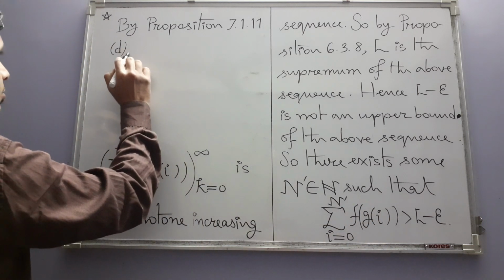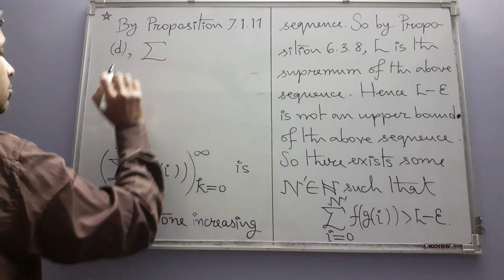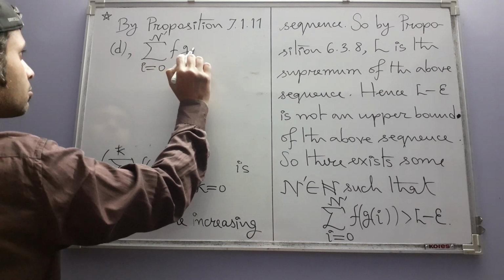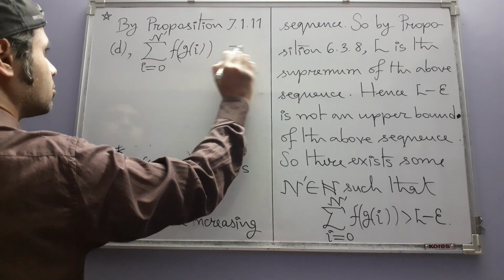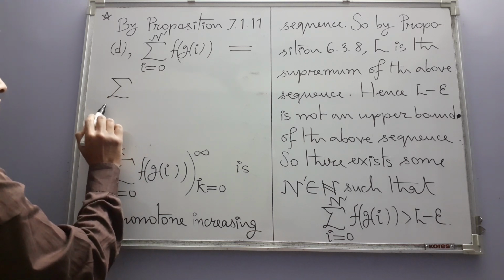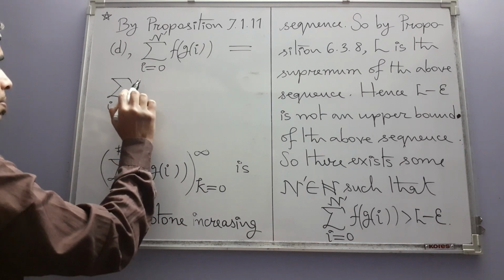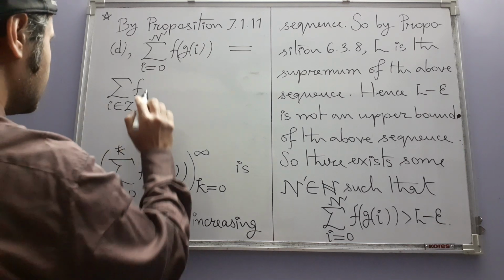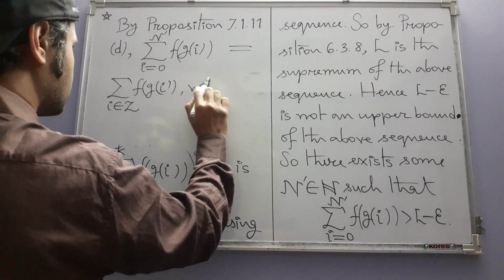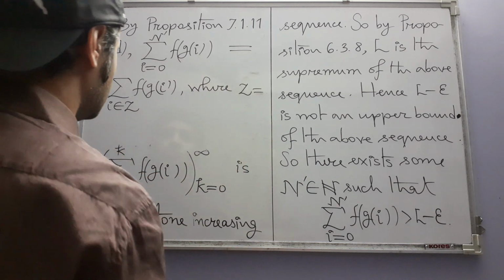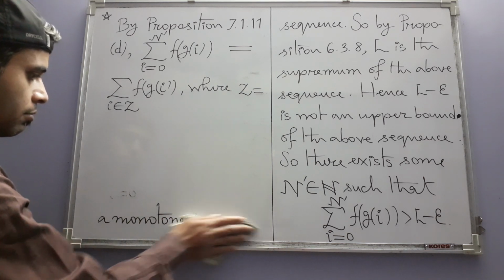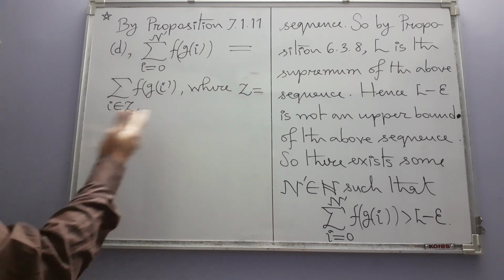This series is equal to a finite sum of f of g of I, where we need to mention what the set Z is, where Z is this set. It's just the G of I's.